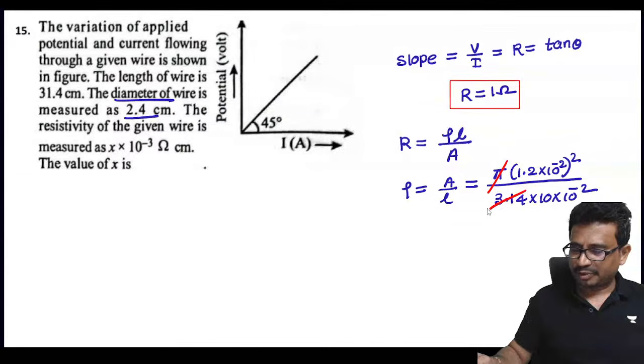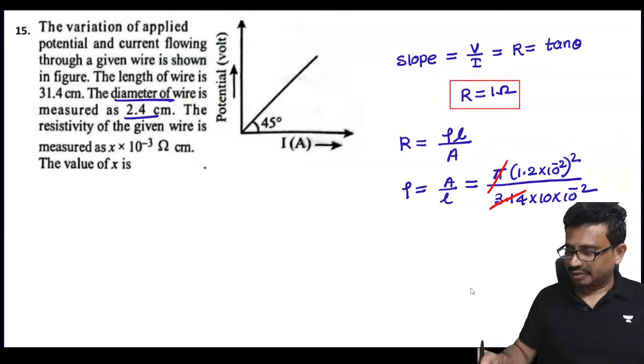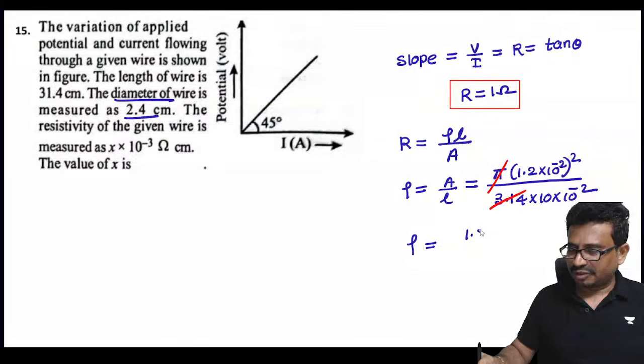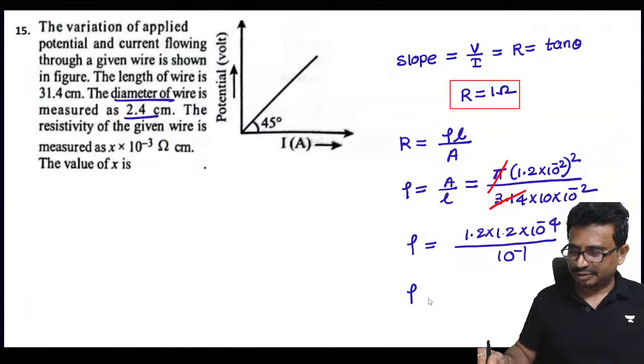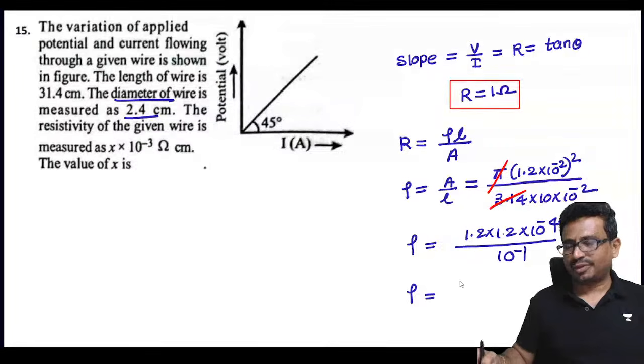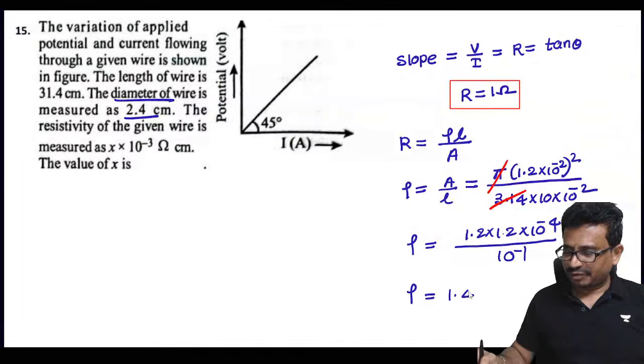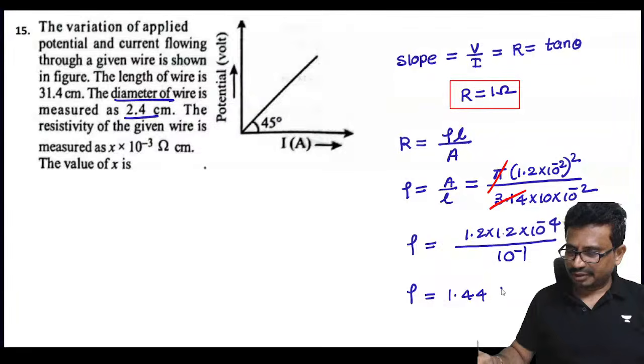So the value of rho is 1.2 into 1.2 into 10 power minus 4 by 10 power minus 1, which equals 1.44 into 10 power minus 3 ohm meters.